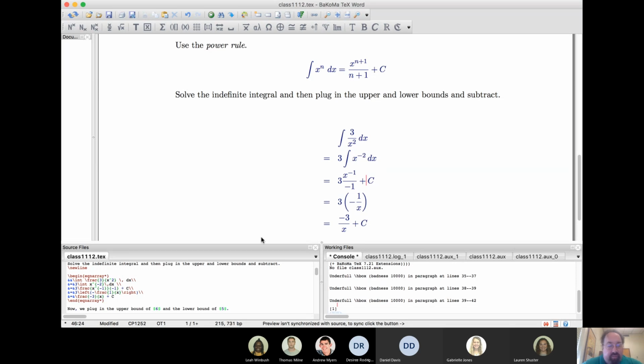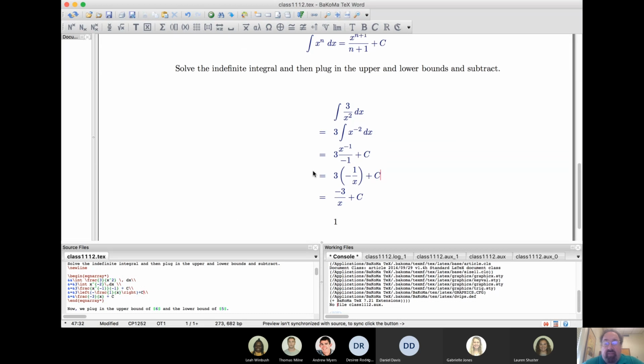And then don't forget the plus c. Now x to the minus 1, of course, is the same as 1 over x. So 3 times minus 1 over x. So this is your antiderivative. What we've done at this point is not the definite integral. This is the indefinite integral.